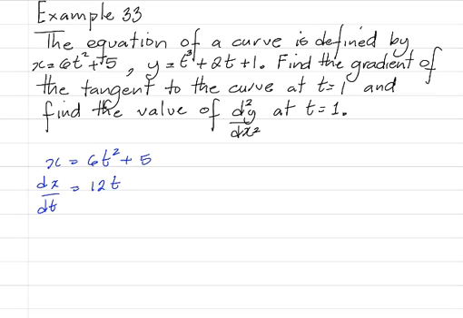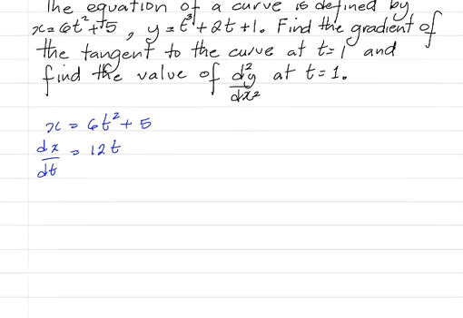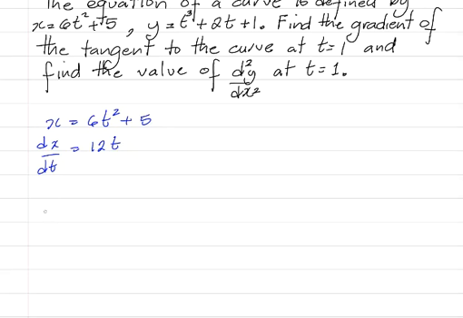If you differentiate 5, you're going to get 0. Now, y is equal to t cubed plus 2t plus 1. Now, dy by dt is equal to 3t squared plus 2.